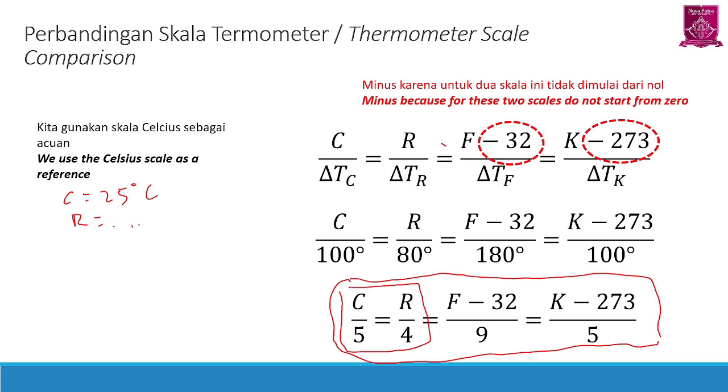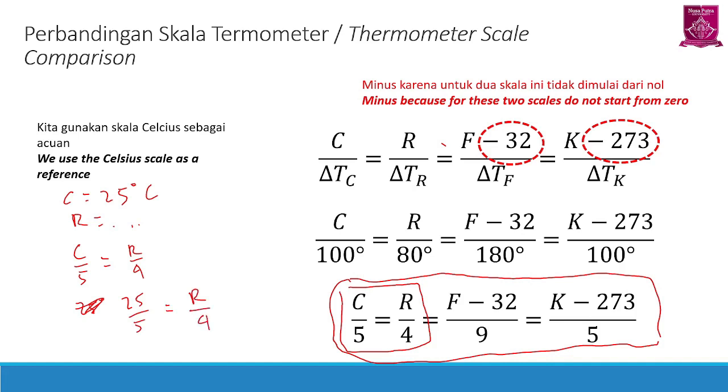We can write them as C per 5 equals R divided by 4. So we substitute C with 25 here: 25 divided by 5 equals the temperature in Reaumur that we need to know, divided by 4.